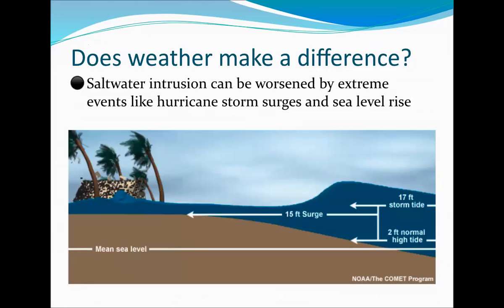So does weather make a difference? So we've talked a lot about weather and climate. So saltwater intrusion can be worsened by extreme events like hurricane storm surges and the rising of sea levels. So we've talked about hurricanes in here. We've experienced hurricanes where we live, okay? And we've also talked a lot about sea levels rising.